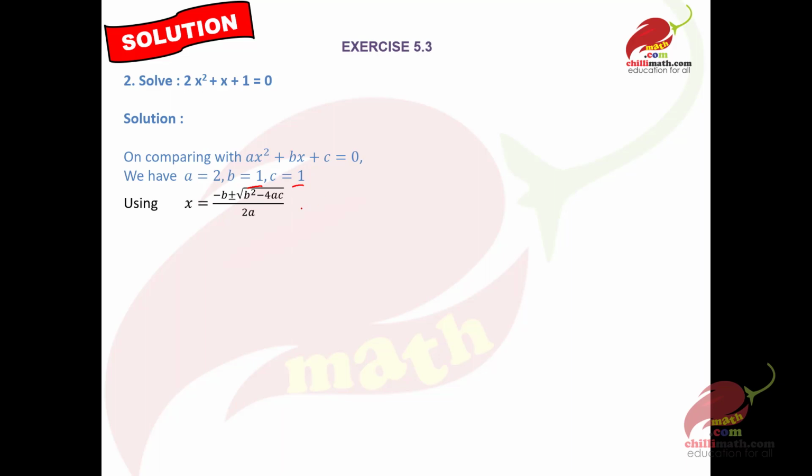By using formula to find roots, by putting these values of a, b, c in this formula, we get minus 1 plus minus square root 1 square minus 4ac by 2a, which on solving we get minus 1 plus minus 1 minus 8 is minus 7 upon 4, that is equal to minus 1 plus minus root 7 iota by 4, which is your required answer.